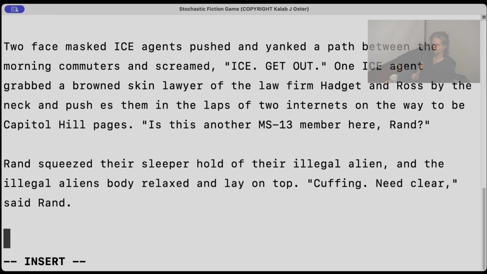I won't have to have that lame... Well, anyway, I just showed it. Rand squeezed their sleeper hold of their illegal alien and the illegal alien's body relaxed and lay on top. "Cuffing need clear," said Rand.